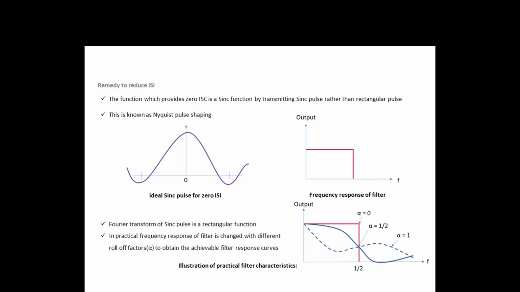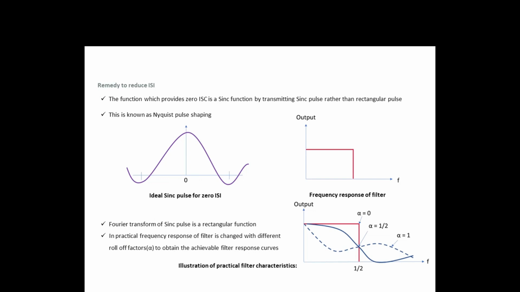The function which provides zero ISI is the sinc function, by transmitting a sinc pulse rather than a rectangular pulse. This is known as Nyquist pulse shaping. This is an ideal sinc pulse for zero ISI.